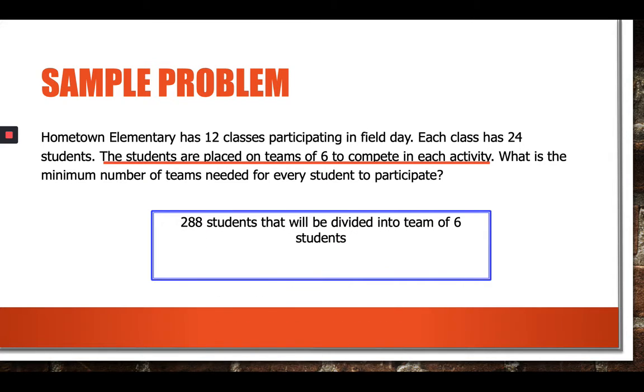So let's think about that. 288 students that will be divided into teams of 6 students. So there will be 6 students on each team, and 288 students divided by 6 students on each team tells us that we will have 48 teams. So the minimum number of teams needed for every student to participate is 48 teams.